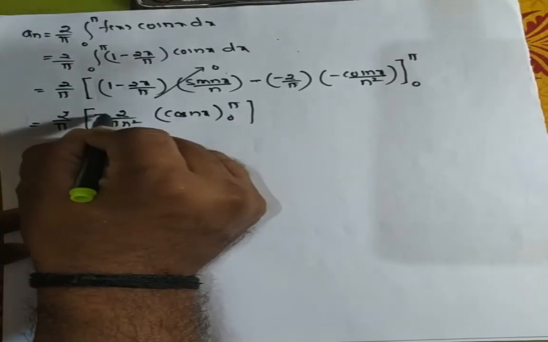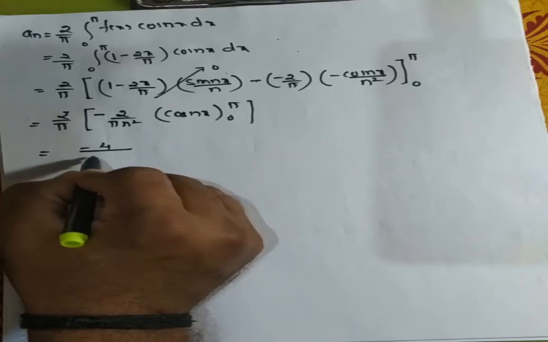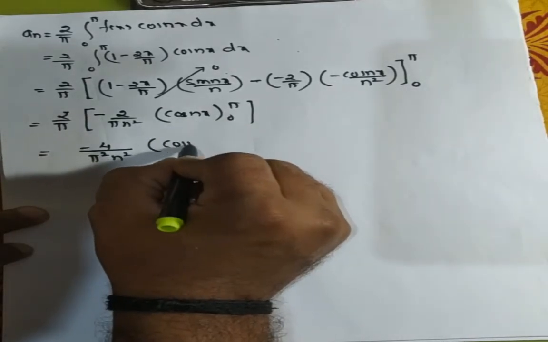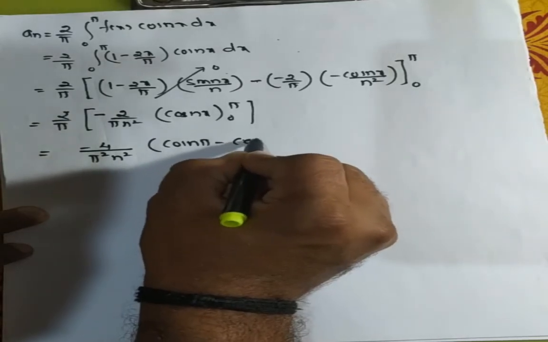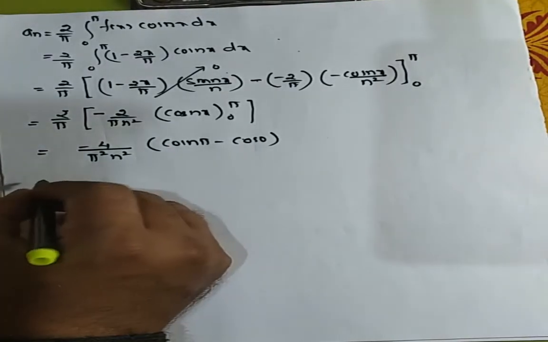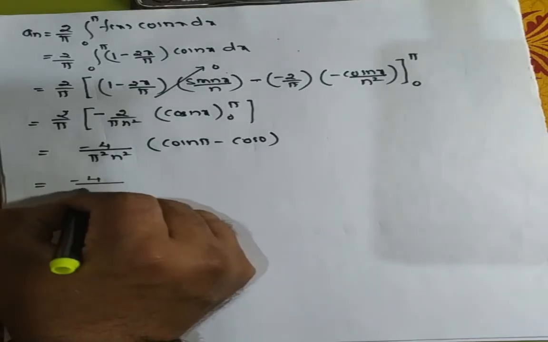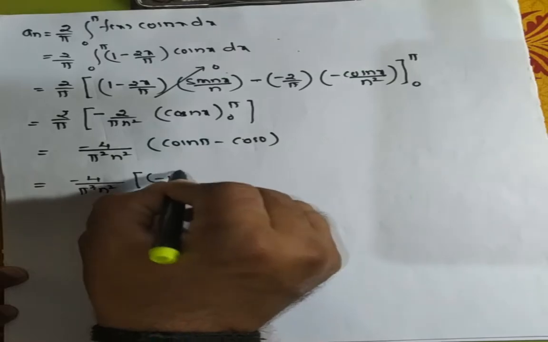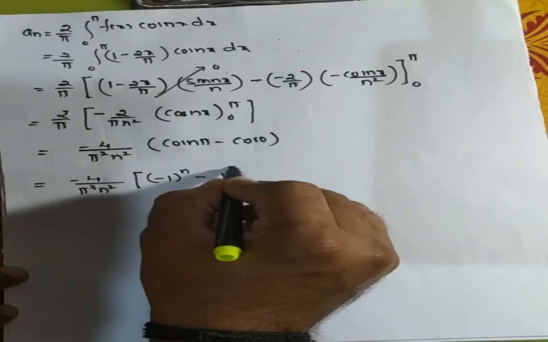Now further you can write, multiplying, minus 4 divided by pi square n square bracket cos n pi minus cos 0, upper limit minus lower limit. Minus 4 divided by pi square n square bracket, cos n pi is minus 1 raised to n, minus cos 0, you can write like this.